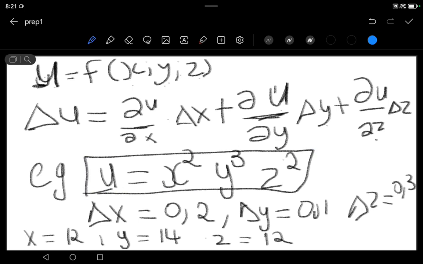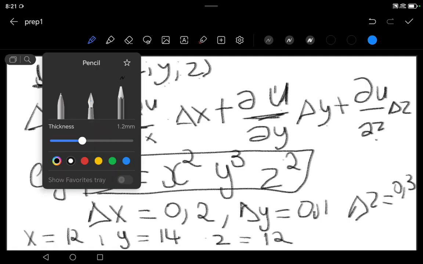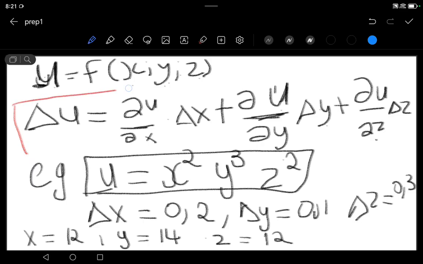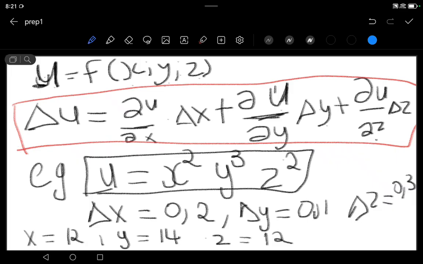So to determine the maximum error, we're going to use this equation. This equation is going to help us determine the maximum error.